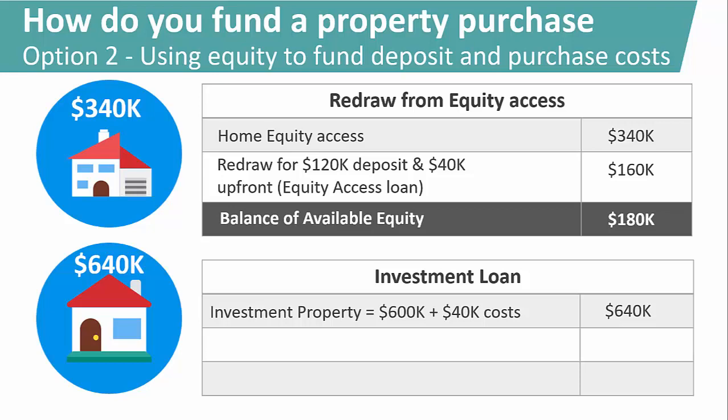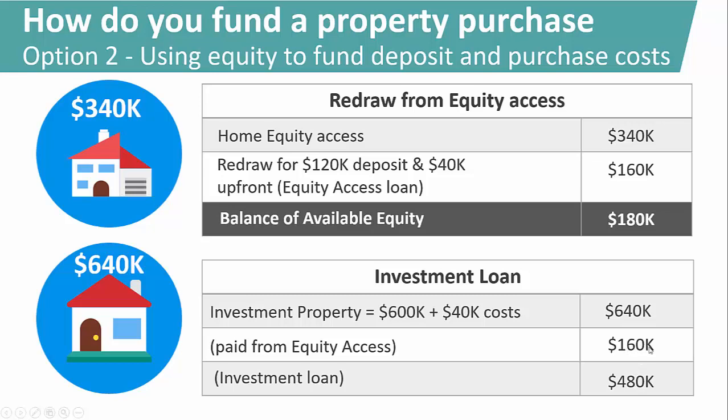And that 180 that's there, you're certainly not paying interest on that. That's just sitting there as redraw or an equity access loan. It's not because you haven't drawn down on that. It's just sitting there. So the way, therefore, that this would be funded is it's almost like you've got one loan that's split into two parts.